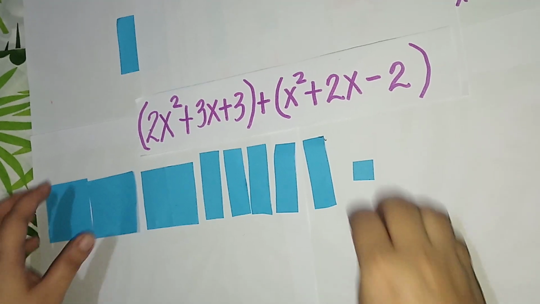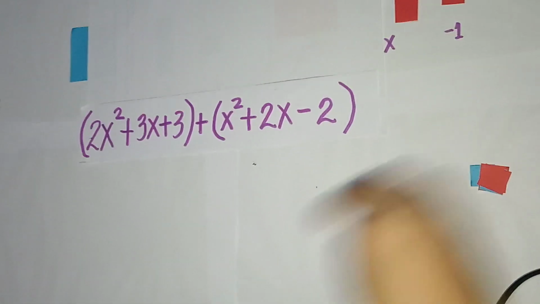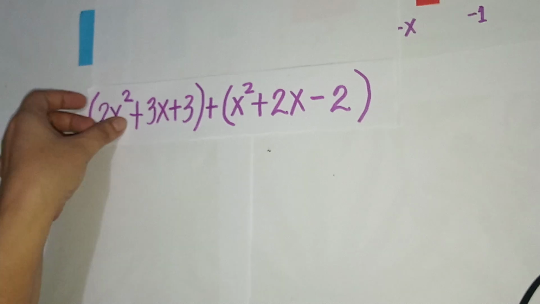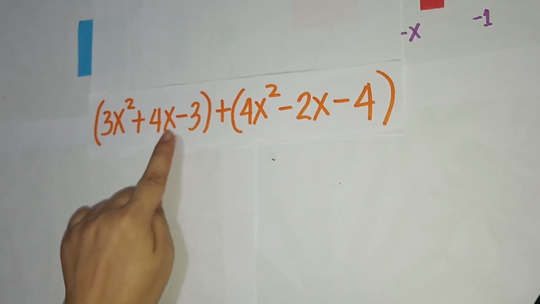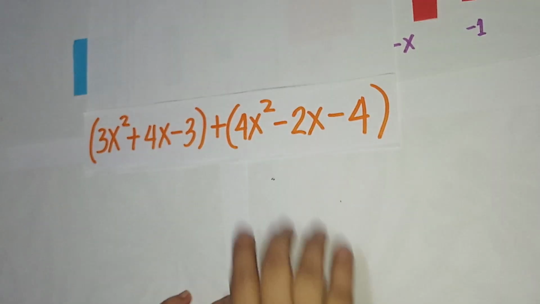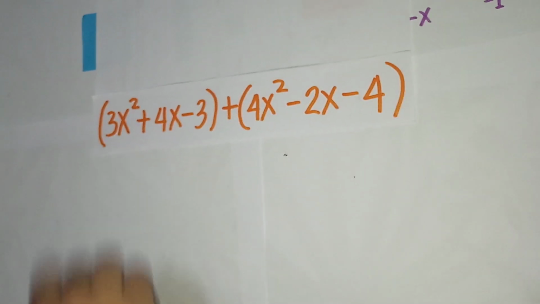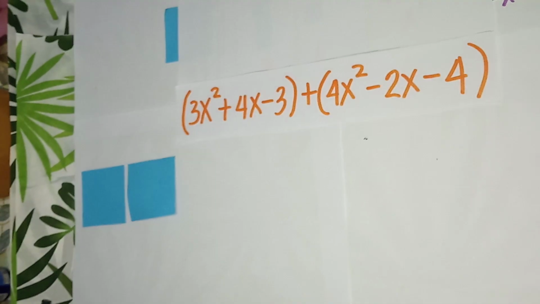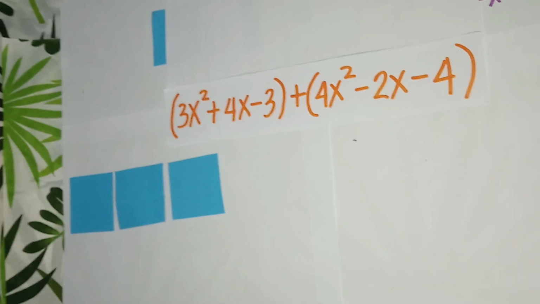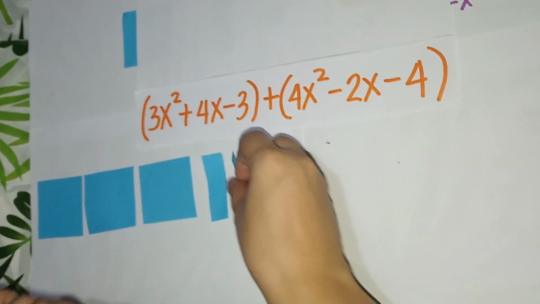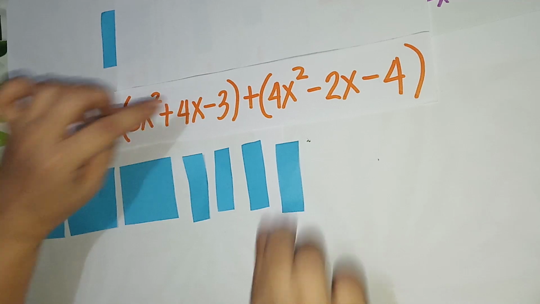Alright. Let's now proceed to the second example. Our next example is 3x squared plus 4x minus 3 plus 4x squared minus 2x minus 4. So we have here 3 pieces of blue 2 by 2, and then 4 pieces of 2 by 1 to represent your 4x.